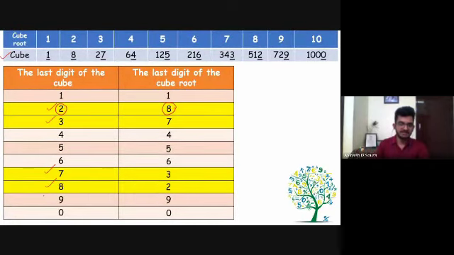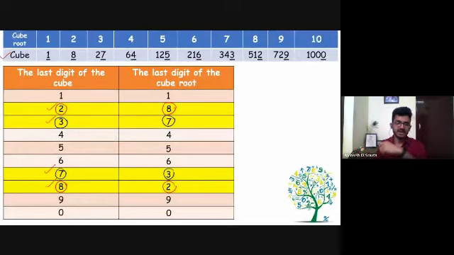In the same way, if the cube is ending with 8, the cube root ends with 2. If the cube is ending with 3, the cube root ends with 7. If the cube is ending with 7, the cube root ends with 3.